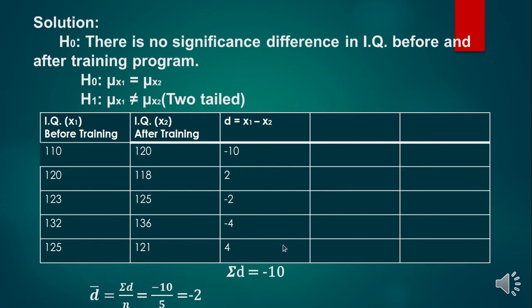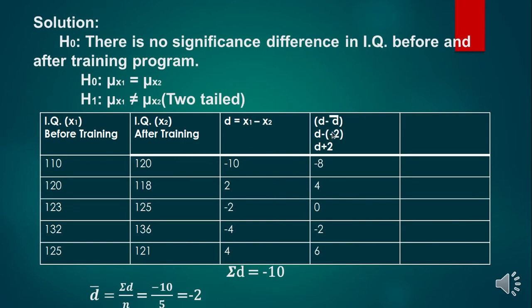Next we have to calculate D minus D bar. D we already calculated, and D bar we already calculated, that is minus 2. Minus becomes a plus, so D plus 2.